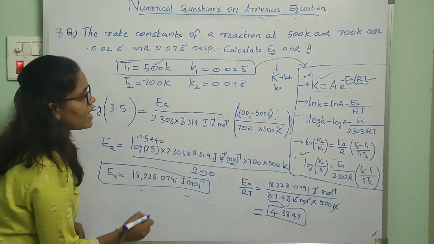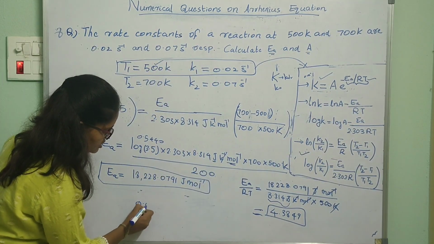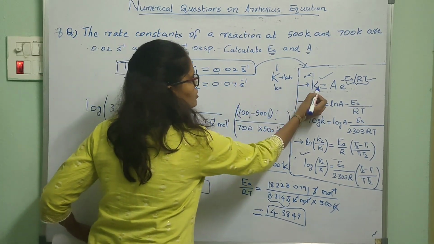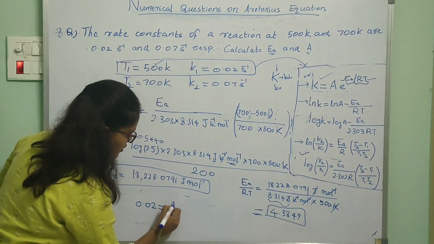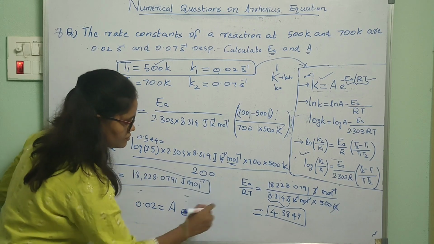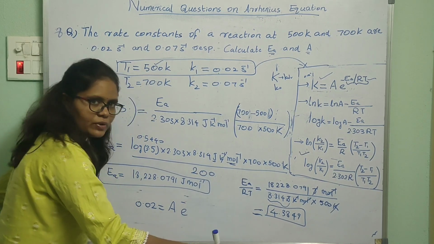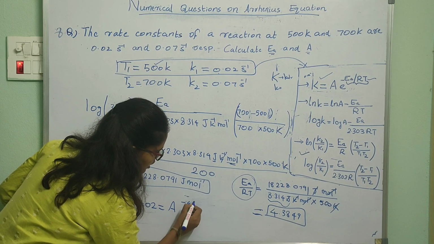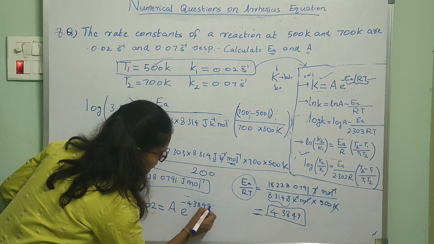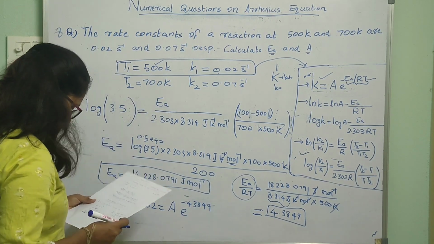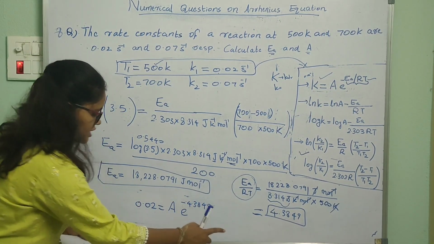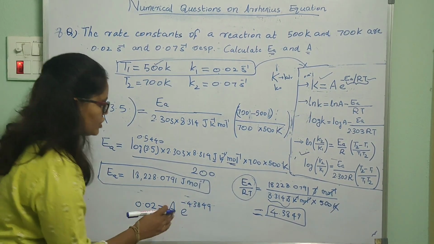So now we have K as 0.02. I am putting the value of K, 0.02 is equal to A into e power minus EA over RT. So minus EA over RT will be minus 4.3849. So the value of e power minus 4.3849 is 0.0124.